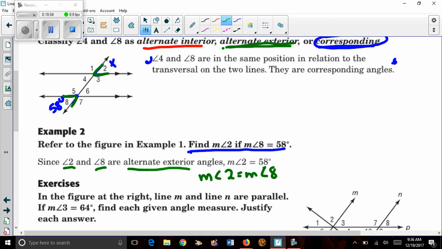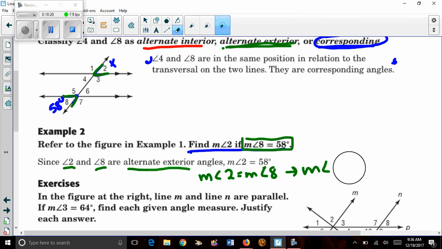And since the measure of angle 8 equals 58, all I'm going to do is substitute. Instead of the measure of angle 8, I'm going to plug in what I know about angle 8. That the measure of angle 2 equals 58 degrees.